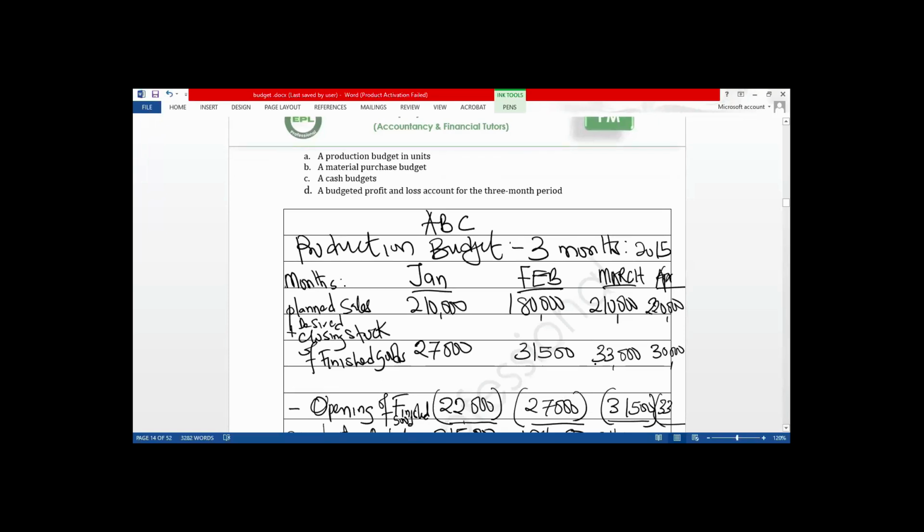At the close of January, what is the closing stock here? 33,000 units. We have gotten the opening stock and closing stock in units. We now need to value it.